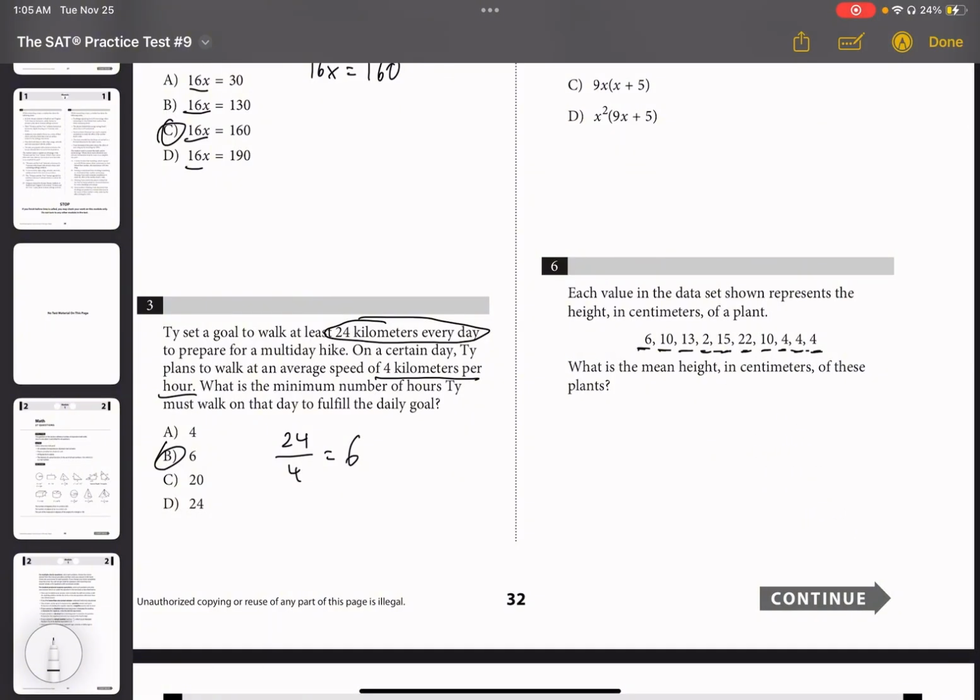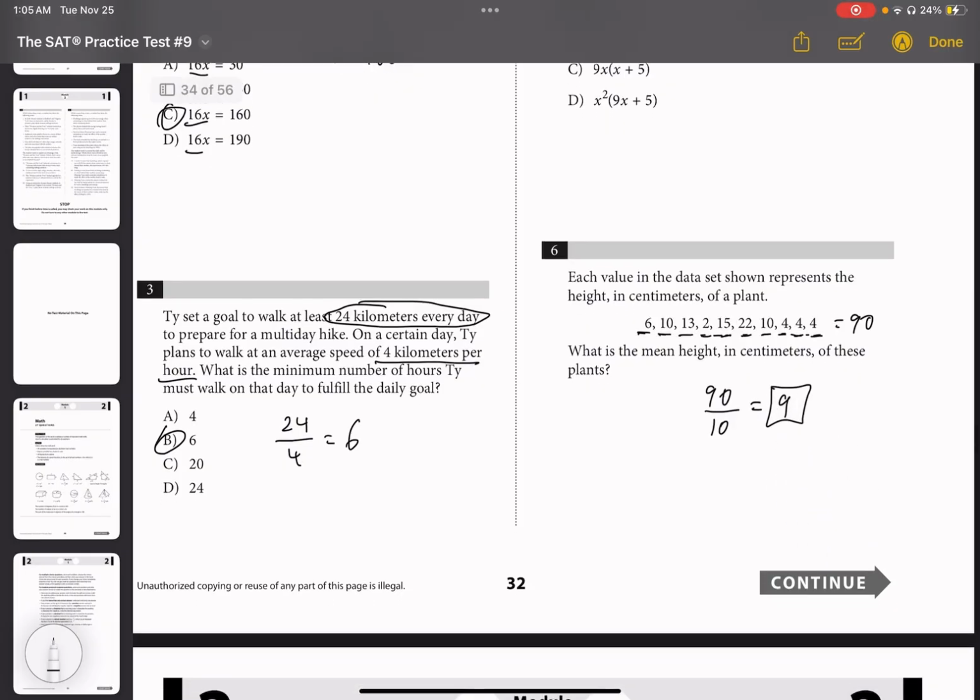So we're going to add 6 plus 10 plus 13 plus 2 plus 15 plus 22 plus 10 plus 4 plus 4 plus 4. And that's going to give us 90 when we add all of those up. And now we do 90 divided by 10. That's the amount of values we have. And this is going to give us 9, which is going to be equal to our mean.